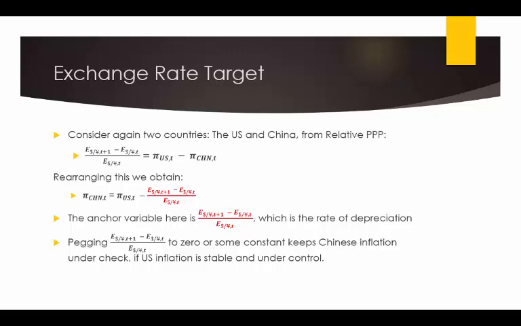Assuming US inflation rates are low and stable, then inflation in China will reflect the same if the expected depreciation is zero or close to that. In other words, the Chinese policy would be to target the exchange rate to ensure that the yuan converts to the US dollar at some fixed rate that does not change over time.